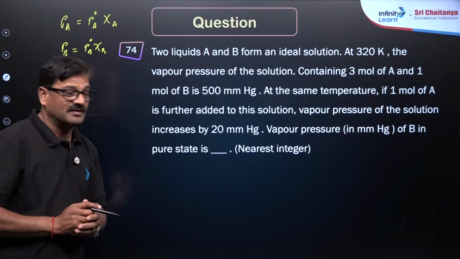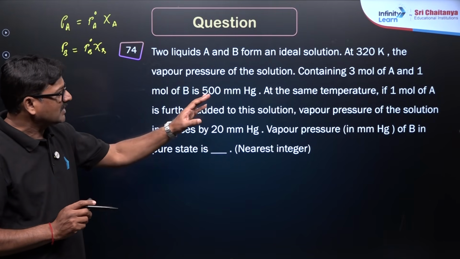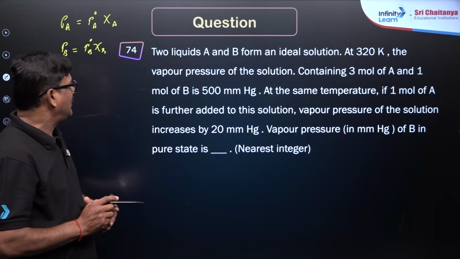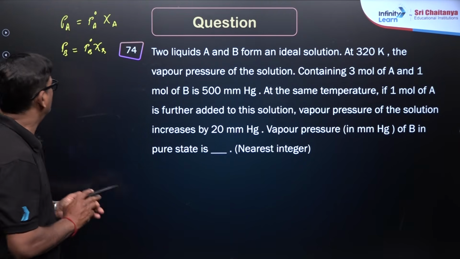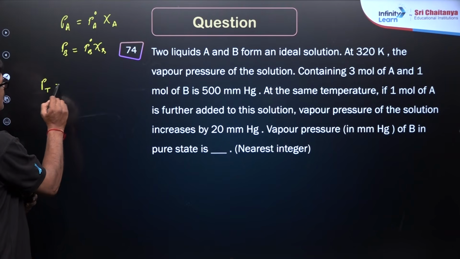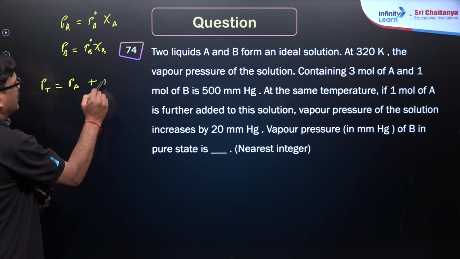At 320 Kelvin, the vapor pressure of the solution containing 3 mole of A and 1 mole of B is 500. So Pt is equal to Pa plus Pb.